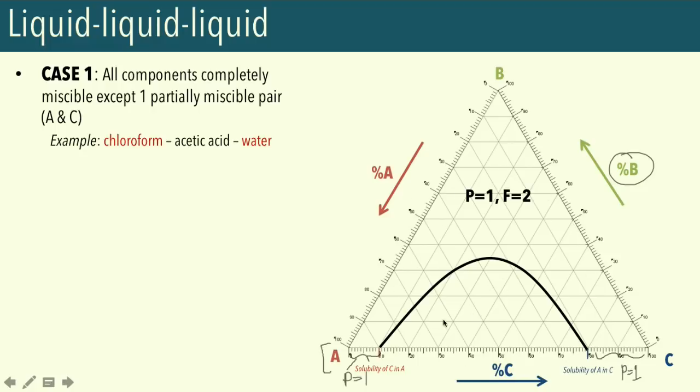Once we're inside here, we said that we're going to expect to have two layers of liquid, so we're going to have two phases. Here we have two phases, so therefore our variance is equal to 3 minus 2, so just 1.